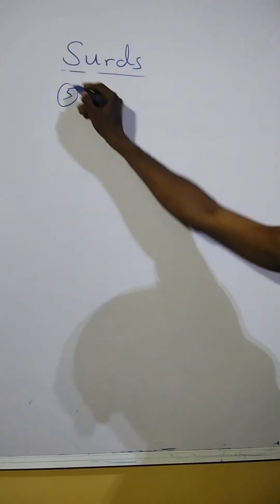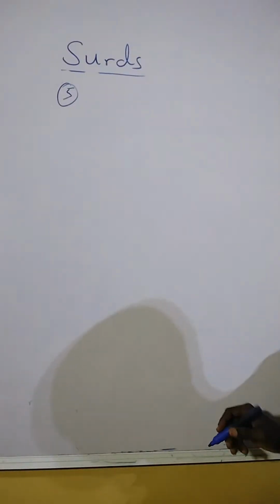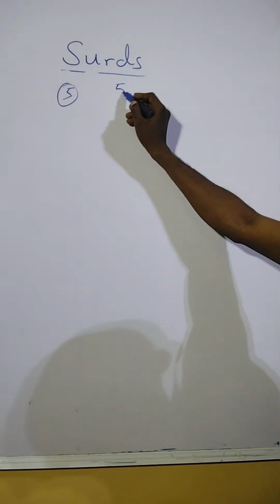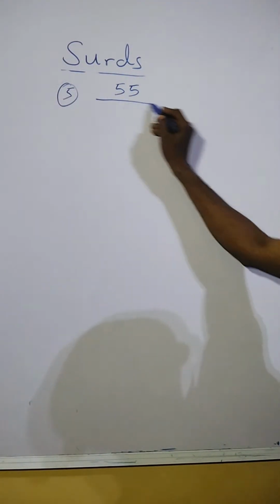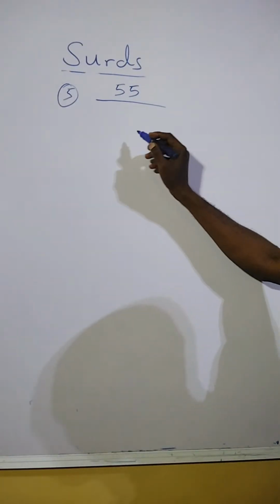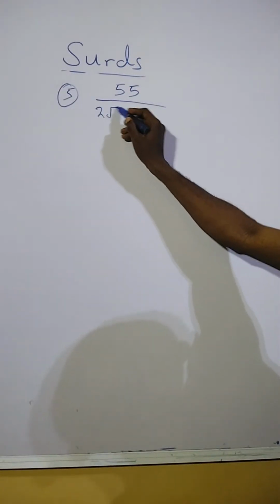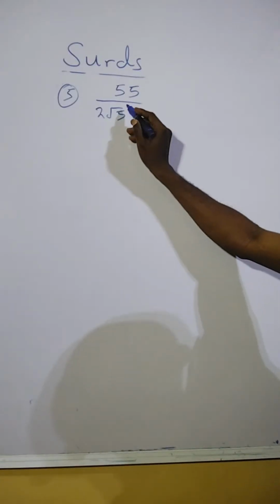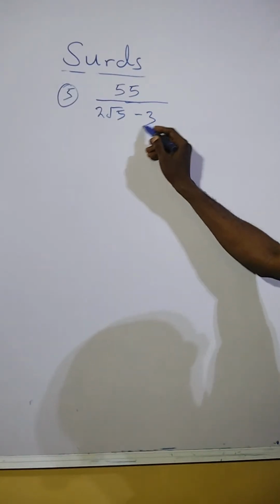So we have this as number 5, and that's 55 divided by 2 root 5 minus 3.